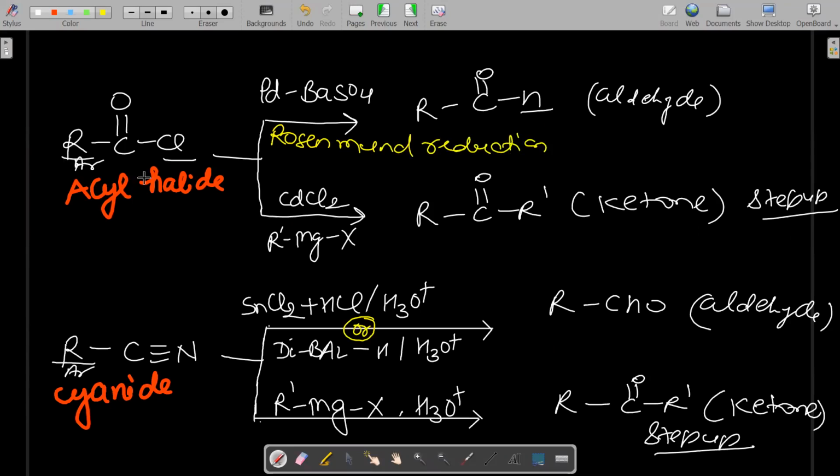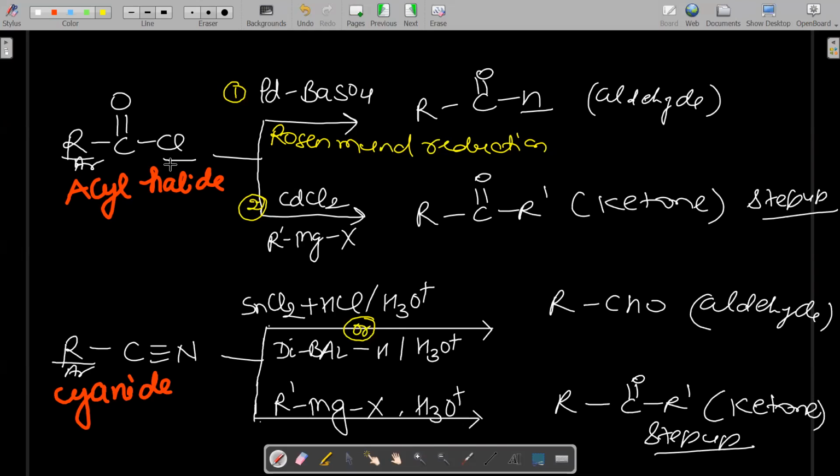So this RCOCl is used for one reaction, that reduction, to form aldehyde. Second, this RCOCl is also used for preparation of ketone using cadmium chloride and R-MgX. Even this acyl halide is also used with benzene to form acetophenone.